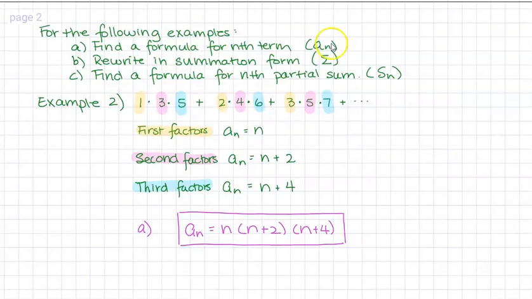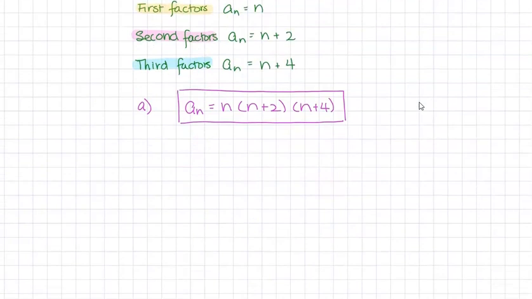Okay, so now that we got that, we have to be a little careful rewriting in summation form. The only reason I say a little careful is, notice we don't know where we're stopping. We're going towards infinity for part B. Part C says stop at the nth term, but part B just says rewrite in summation form. So right now we're not stopping.